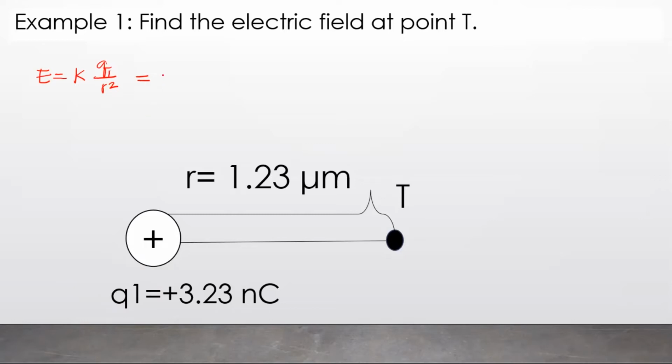First, let's substitute. This is 9 times 10 raised to 9 newton meter squared per coulomb squared.